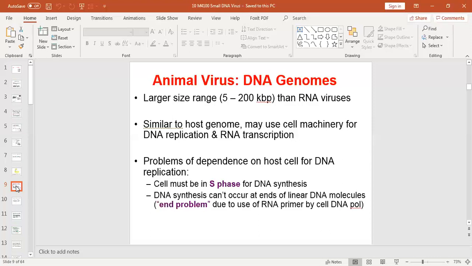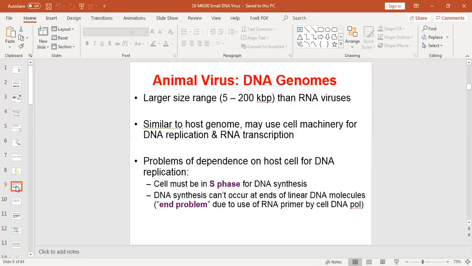This is a problem that we call the end problem, and it's because of the use of RNA primer by host cell DNA polymerase. I'll go into a little bit more detail about these two issues. But again, a virus whose genome is DNA enters the host cell, it needs to use host cell machinery to replicate more of its own DNA, make RNA and translate RNA, and so on and so forth, that we have discussed extensively before.